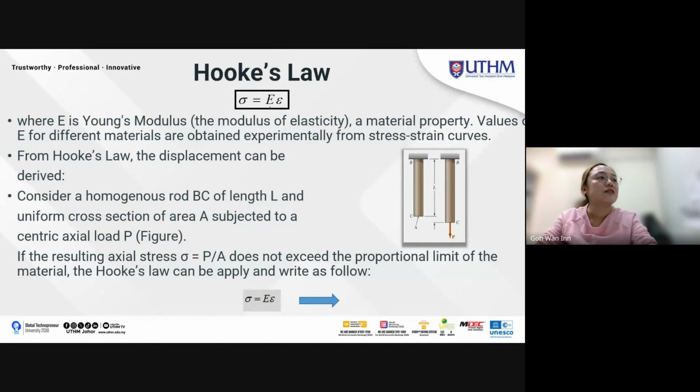Stress is equal to E times strain, so strain is equal to stress over E. The strain is equal to the elongation over L, so you reorganize it and it becomes PL over AE.